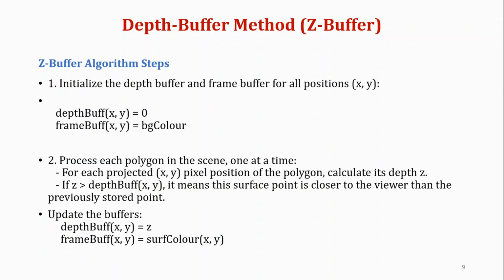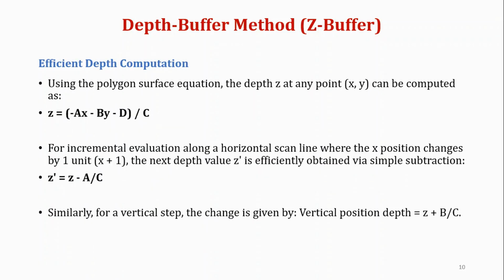Based on that comparison, you can update the depth buffer and the frame buffer. Otherwise, ignore the pixel. This process continues until all the polygons have been processed, and finally the frame buffer contains the visible image.